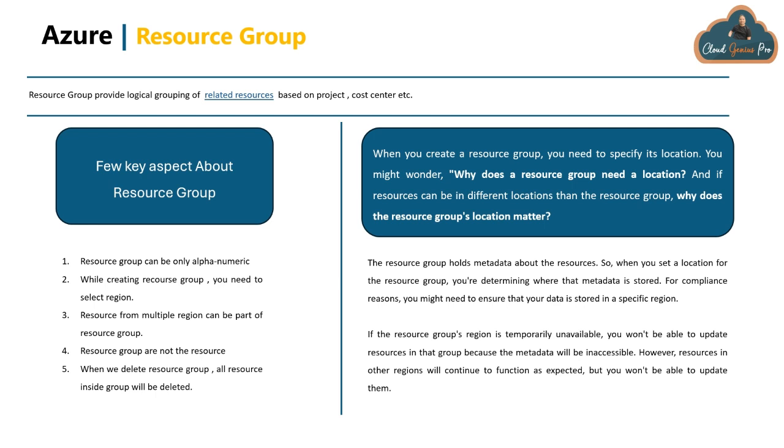As only East US, the region hosting the metadata of the resource group, is impacted, only updates, deletion, or administrative tasks in terms of metadata will not be possible. But your resources from the APAC region inside that resource group will continue to function. Only updating or changing the configuration will be impacted.